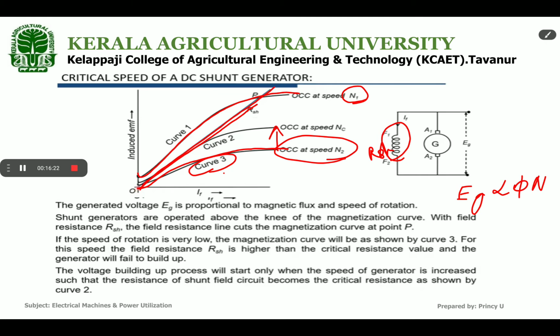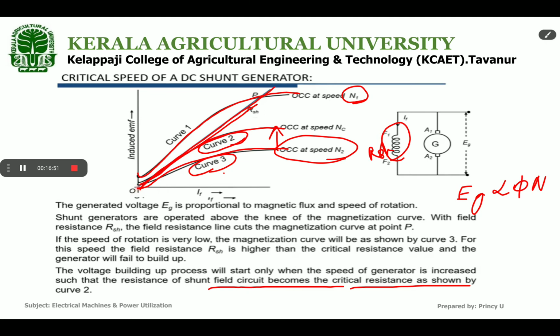So when we increase the speed, the resistance of the shunt field becomes the critical resistance. That is given by curve 2. That is, if we increase the speed of this characteristic curve until it touches the shunt field resistance line, only when the speed reaches that value can the generator build up voltage by itself.